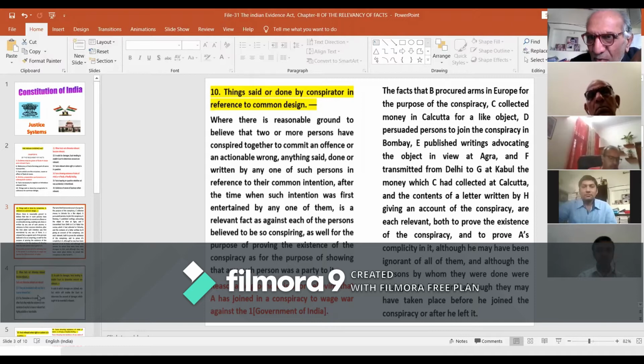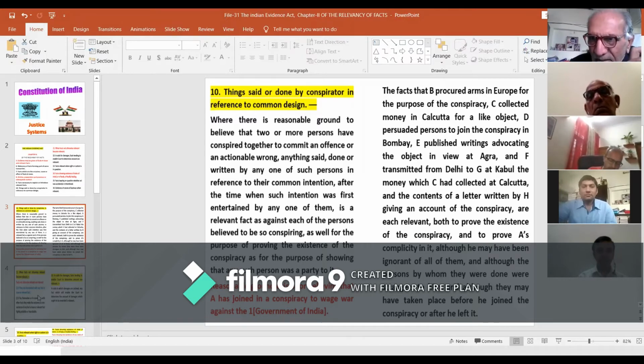And this relevance would imply that it will have an effect upon the other person, as if the other person has also done it like this. Therefore, Section 10 is a very delicate fabric of reaching the conspiracy.